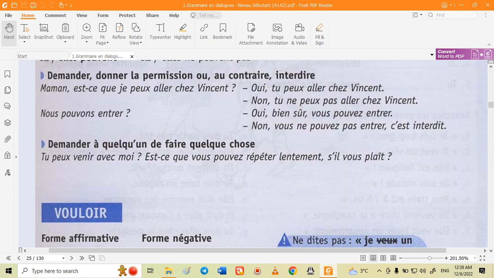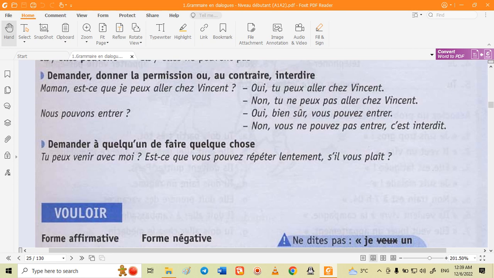And the first answer is an affirmative answer, a positive one. It says okay, I will give you this permission. So tu peux aller, you can go to Vincent. But the second one is interdire. Tu ne peux pas, you cannot go to Vincent.